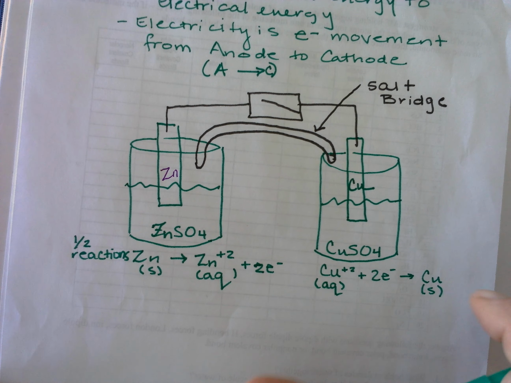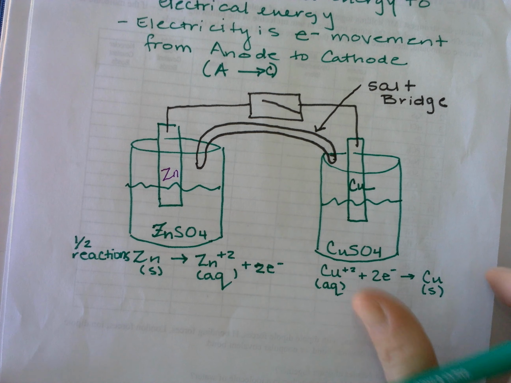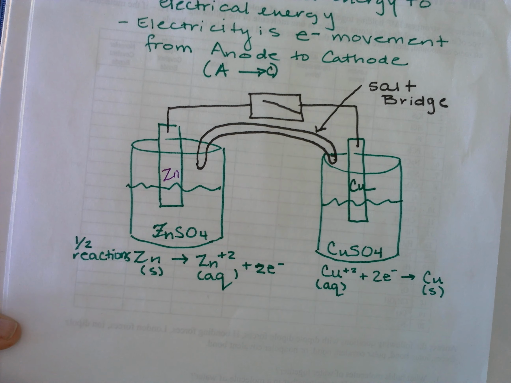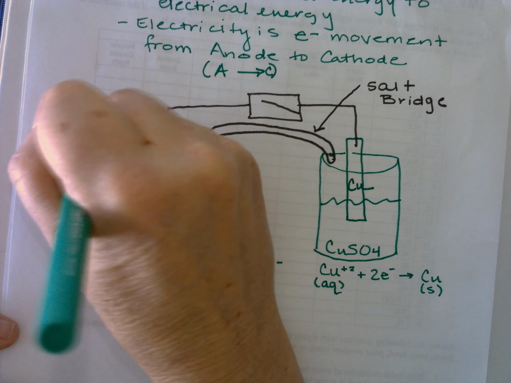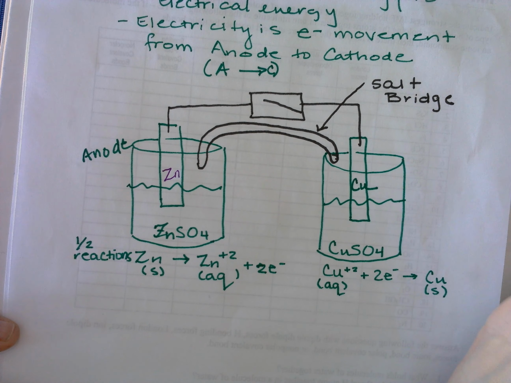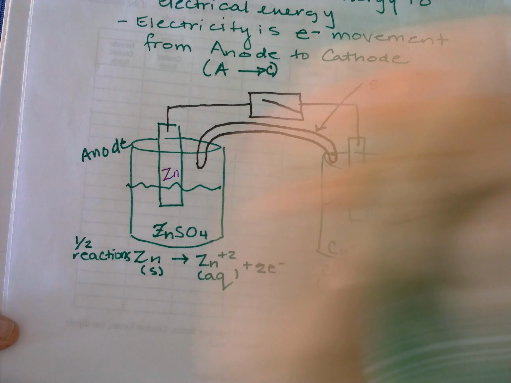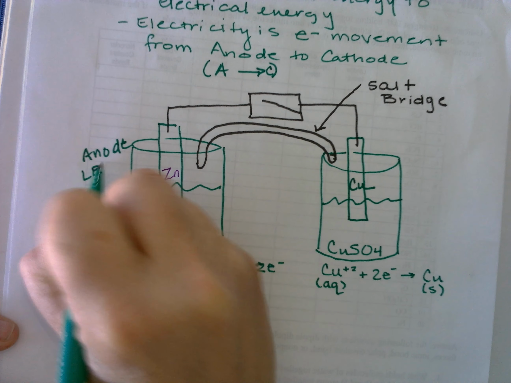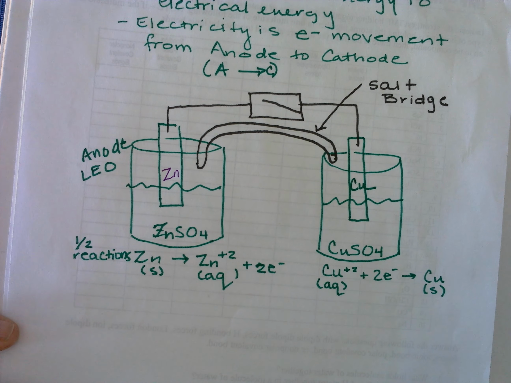We're not done with the picture yet. All right, so this is the anode, and remember, we start at the anode. Electrons are lost here. Lose electrons, oxidation. Remember LEO goes GER?